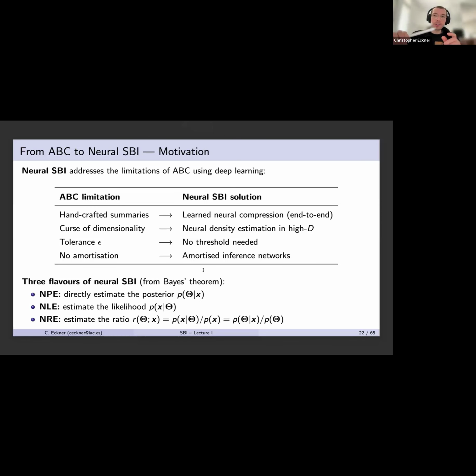And you might even link this between the simulator and the inference so that you just learn the optimal compression scheme in between. So there's end-to-end learning or training of your summary statistic. Of course, you can also use handcrafted summary statistics in this neural approach, but we'll come to this later.